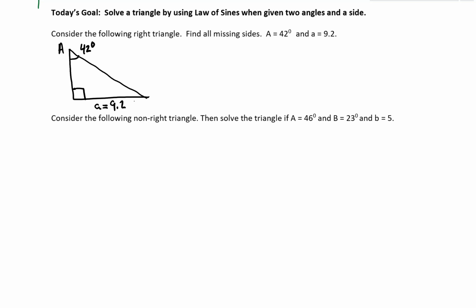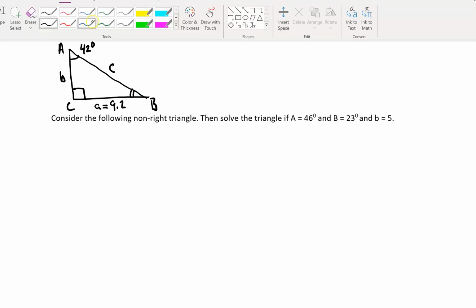Now, when they say find all the missing sides, then they want us to find this side right here, so I'll call this c, and this side right here, which I'll call b. That means this is big B, this is angle C. And now I just want to make sure I understand that to solve here, I'm just going to solve the whole thing because it just kind of makes more sense to do that.